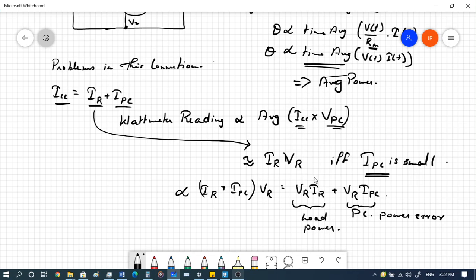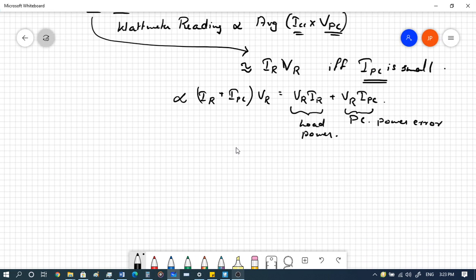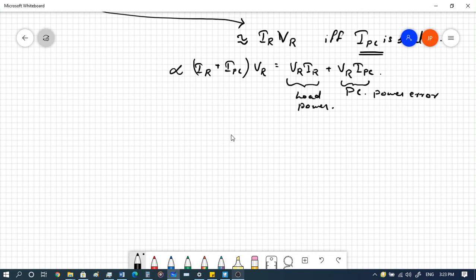Now let's say we change the connections. Let's say we now have a different connection, right?